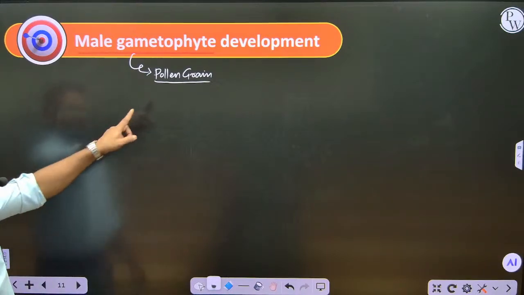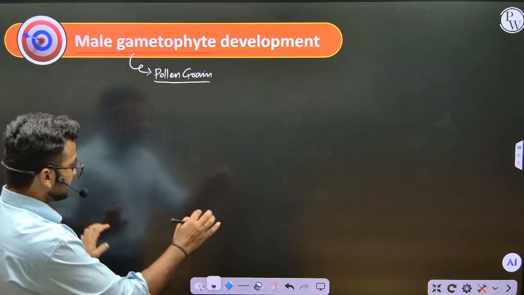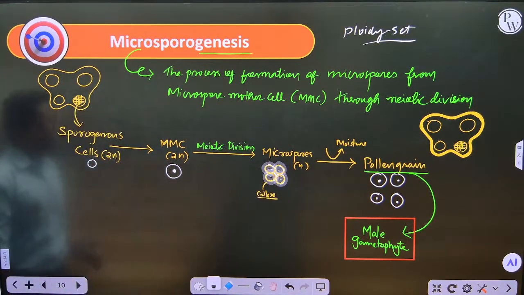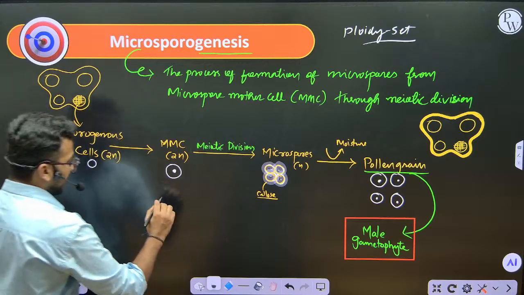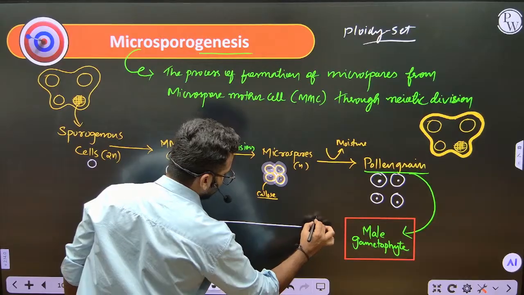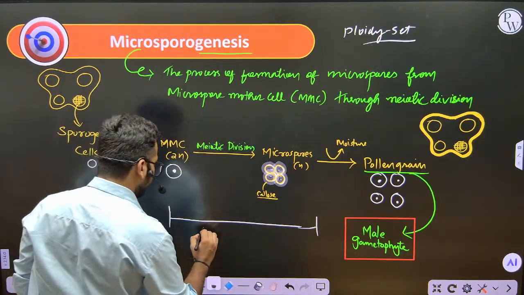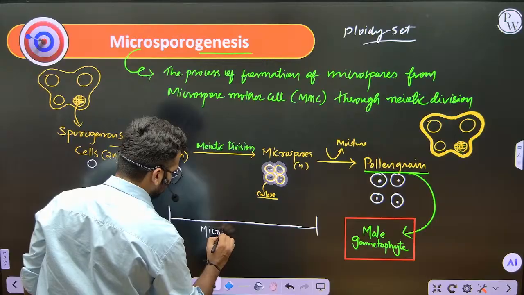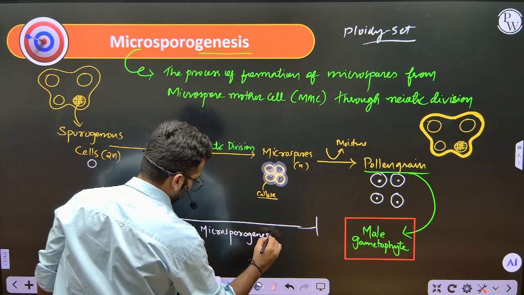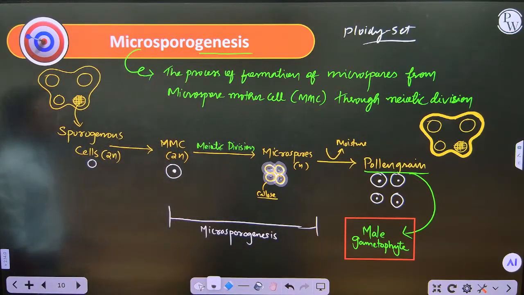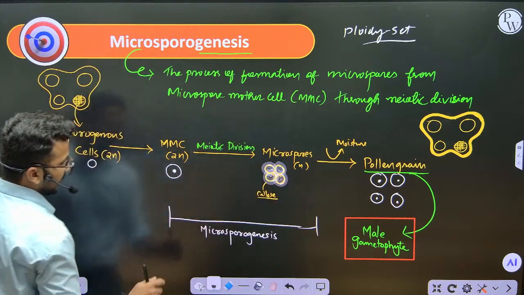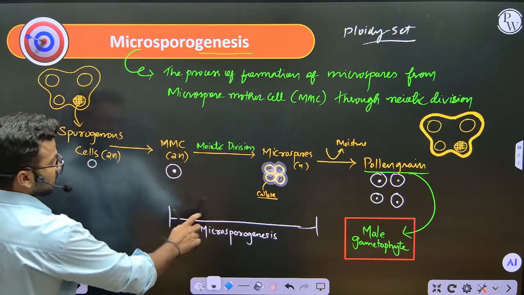So the pollen grain development, in the last slide what we have seen, the formation of microspores. This whole process, starting from here to here, this process we have seen, that is we call microsporogenesis.